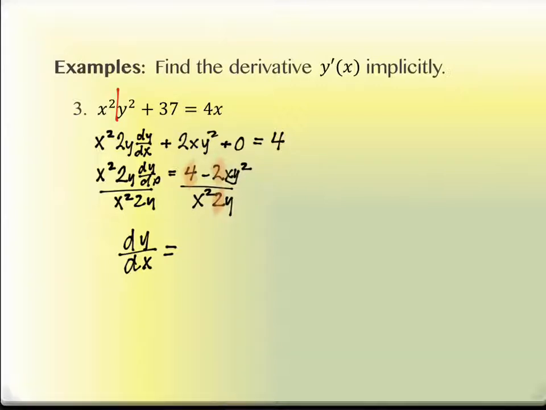So I can divide everything by 2. So I actually will have 2 minus xy squared over x squared y. Kaylee, it is possible that you could end up with a variable canceling out, though, too. It will happen. So it's not an unheard of kind of thing. This one just didn't happen to have that.